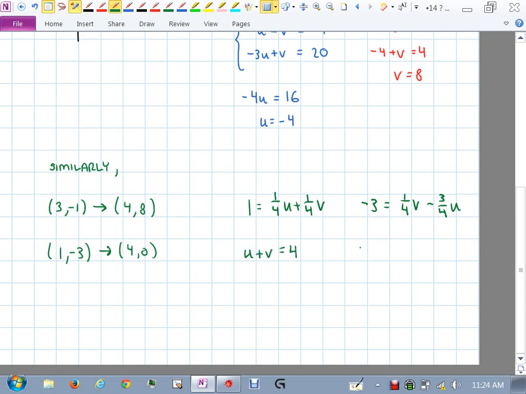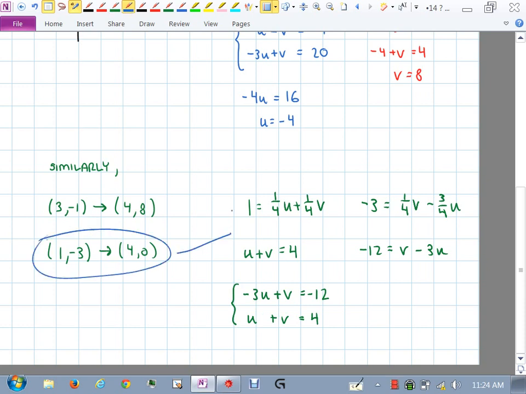Multiplying both sides by 4 here, I get -12 equals V minus 3U. So I'm going to set up my two equations: -3U plus V equals -12, and U plus V is 4. Does everyone understand that?